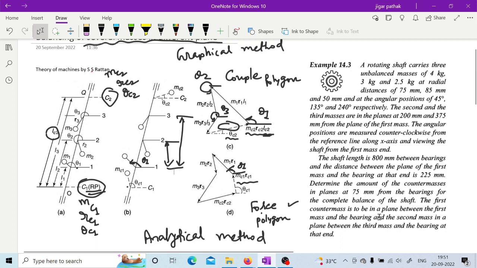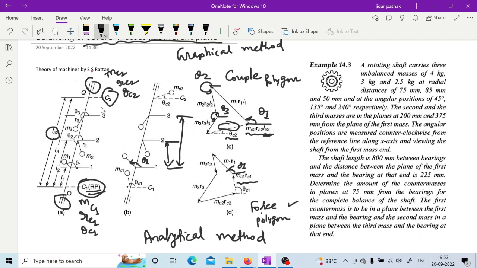Your balancing planes are as mentioned here, these are the bearings. So you need to find the balancing masses in planes C1 and C2.